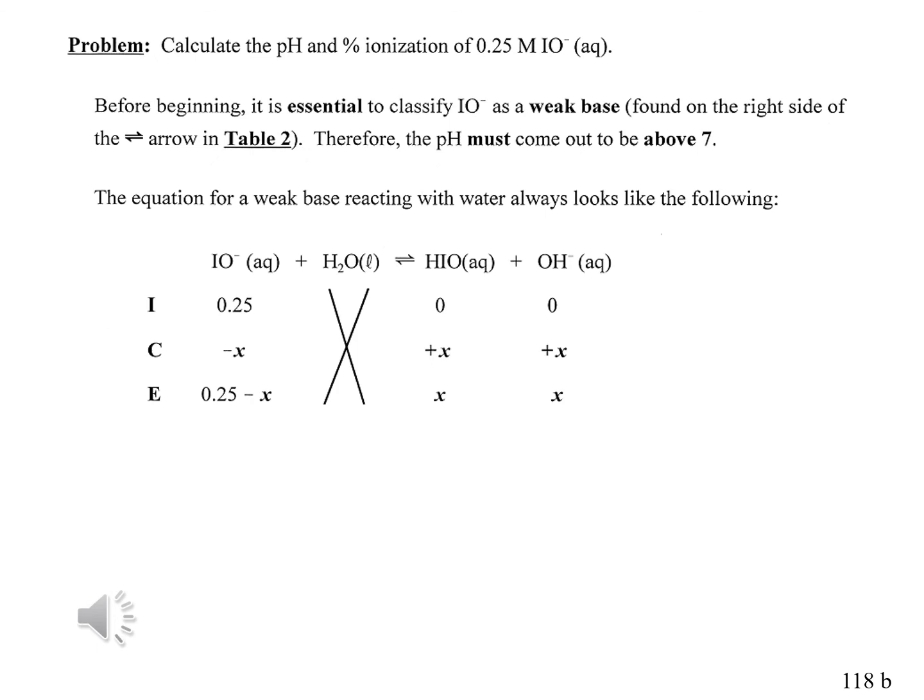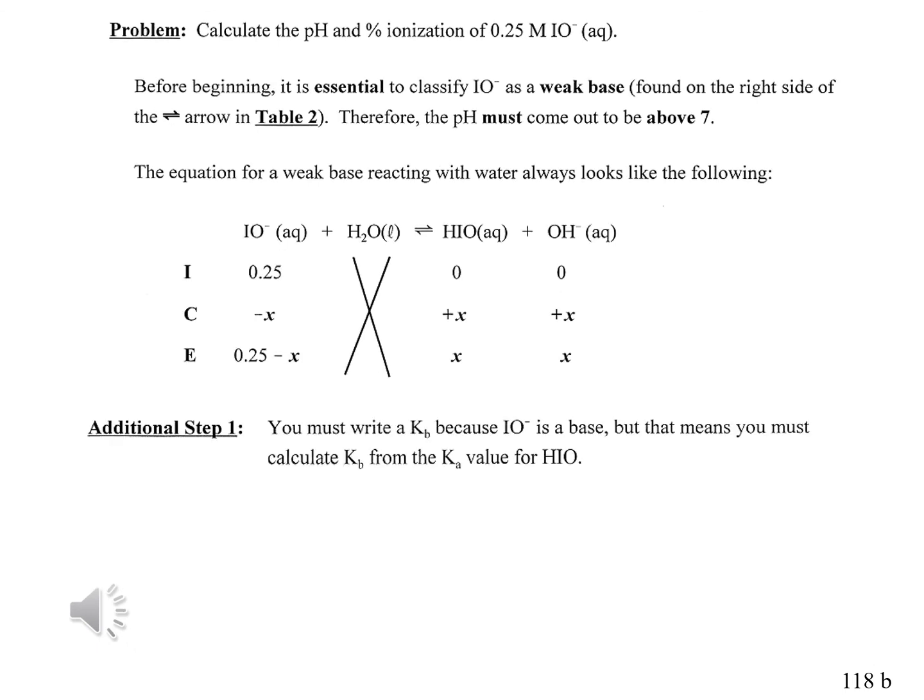The ice table looks exactly like ammonia, except it's a different starting amount. And because it's a base, you know that you have to write a Kb, not a Ka. The equation is going to come out x squared divided by the original, just like always.